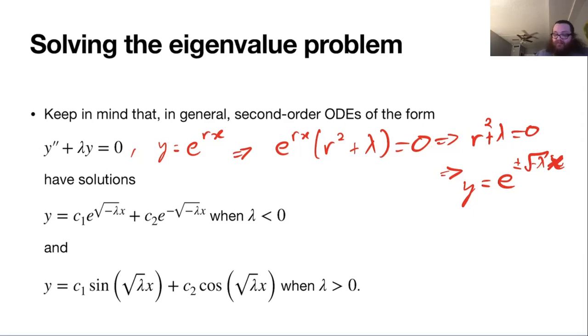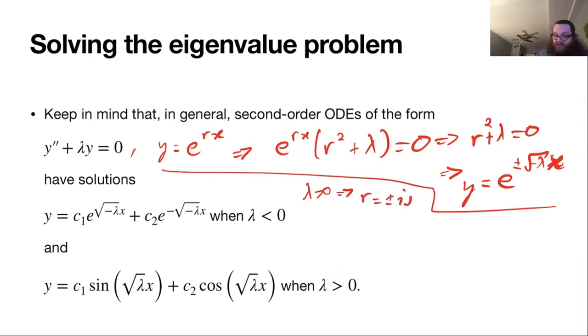And so now the interesting thing comes up. If lambda is negative, minus lambda is positive, so we can take a square root without any issues. We're comfortable with that. If lambda is positive, minus lambda is negative, and so then r is going to be plus or minus i square root lambda.